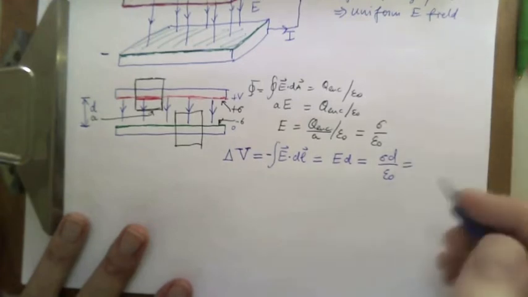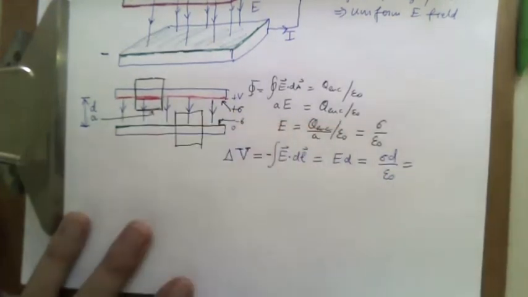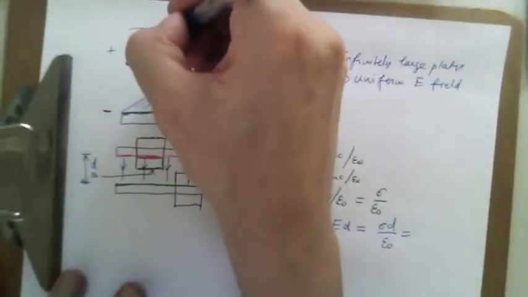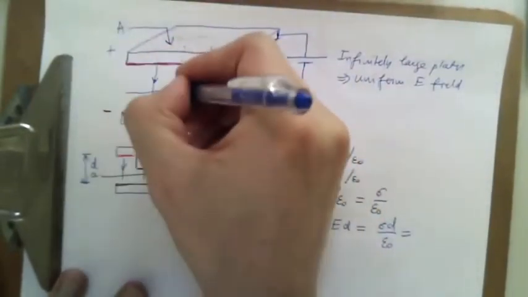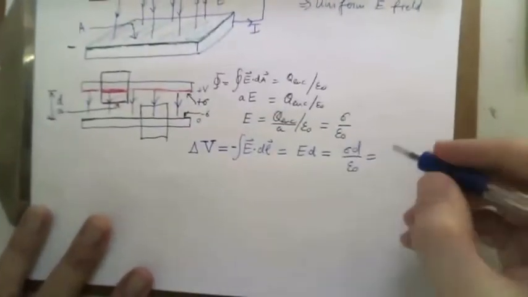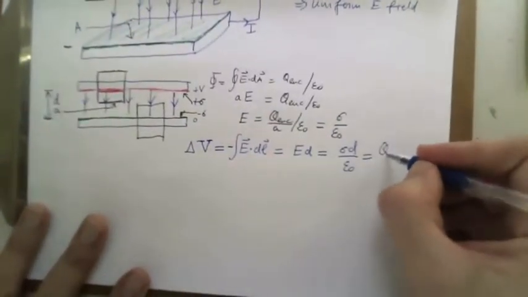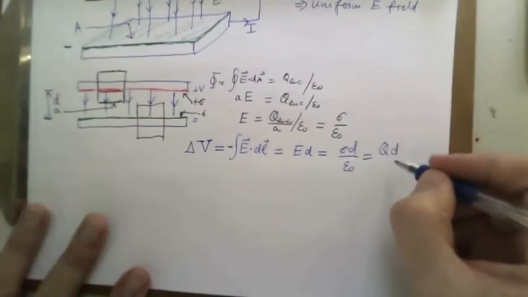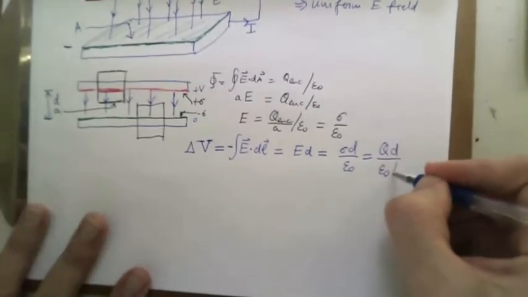And sigma is the total charge density on that surface. So if we call these surfaces big A, then sigma is Q over A, so that's going to be total Q times D over epsilon naught A.